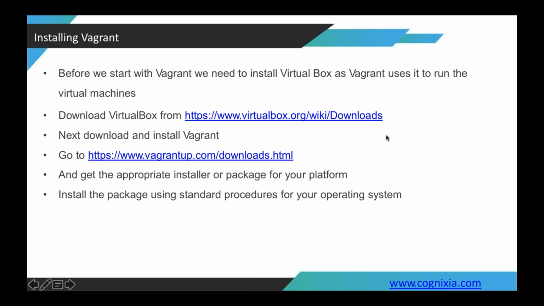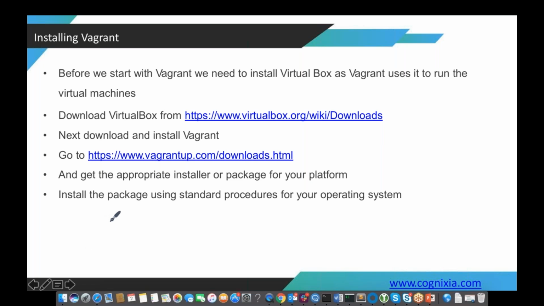Now, one more diagram I want to show you. Let's say this is a user, and this is VirtualBox. VirtualBox is the hypervisor, which is actually creating the virtual machines.